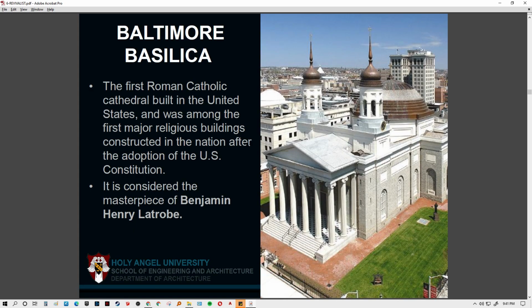Next, we have the Baltimore Basilica. It is the first Roman Catholic cathedral in the United States. It is among the first major buildings constructed in the nation, as the US was adopting its constitution. This was the time when government was starting in the United States, and it is a masterpiece of Benjamin Henry Latrobe.